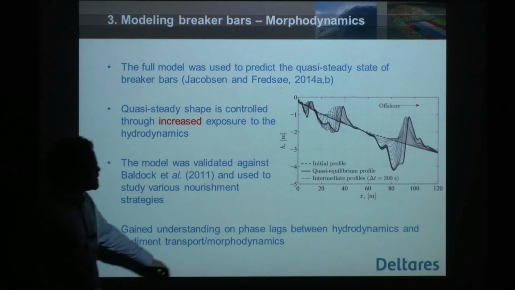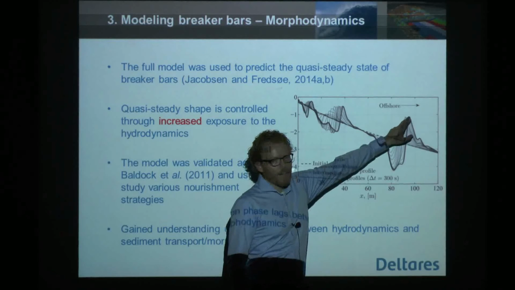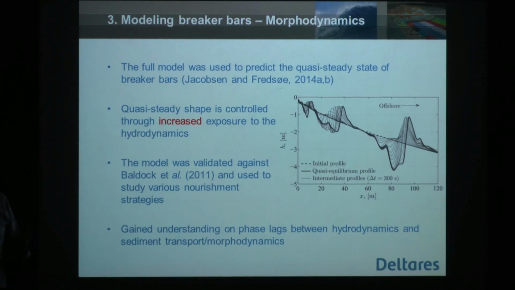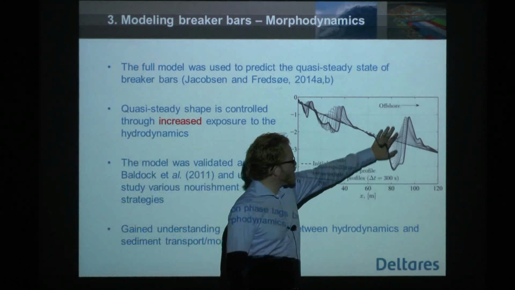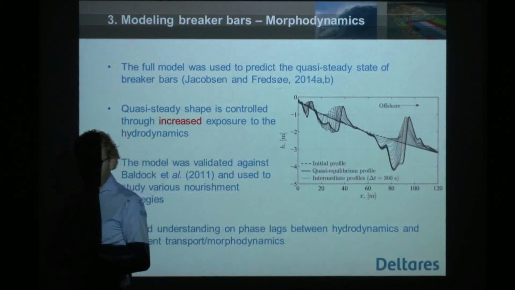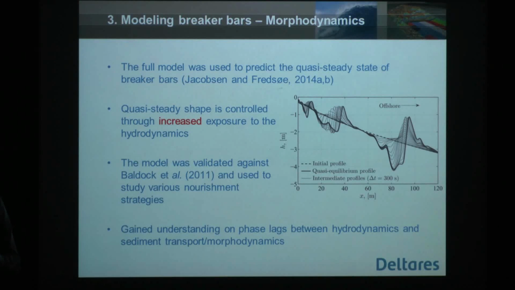Quasi-steady breaker bars are actually achieved when the water depth on top is so shallow that the sediment can simply not deposit there anymore. If it tries to deposit, it's being moved away. So by increasing the wave loading, you reach the maximum allowed height of a breaker bar. So what you can see here is that on a time stack, it's basically just growing more or less in a fixed position. And when it reaches that position, it starts moving and migrating offshore, at least under these conditions.